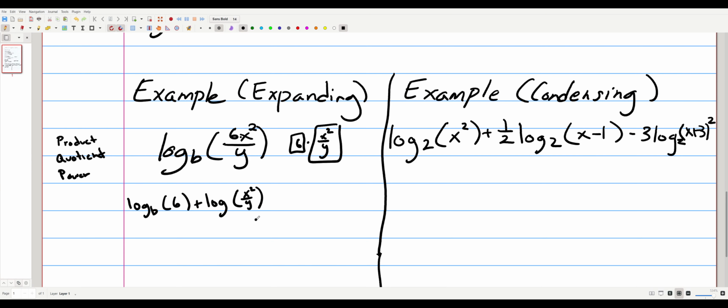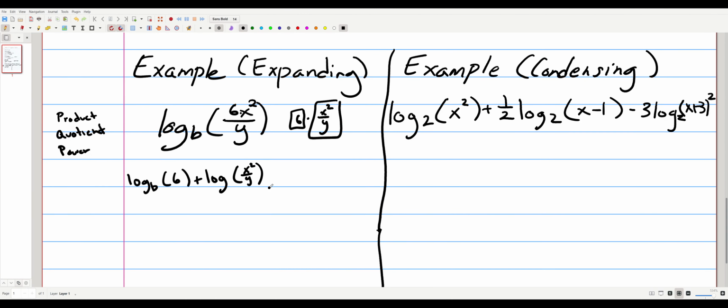Okay? All right, so, well, there's really nothing left to do in the first log, but if we look in the second log, we have a quotient, right? We have x squared divided by y. So we have x squared divided by y, and that tells us that we can break this up into the difference, using the quotient rule.